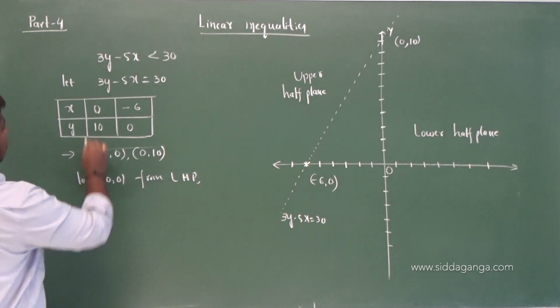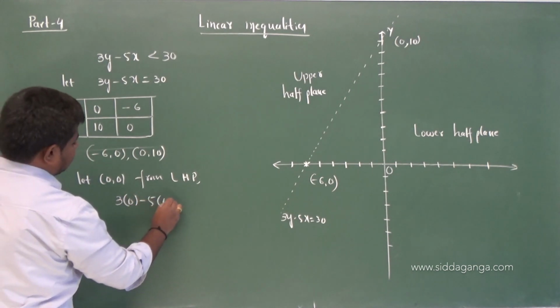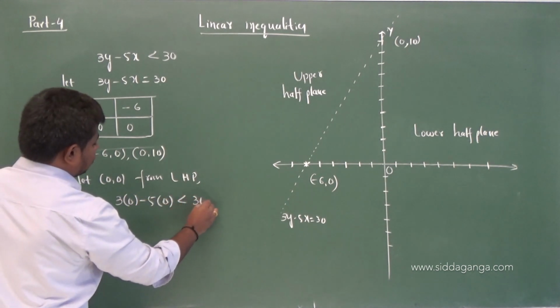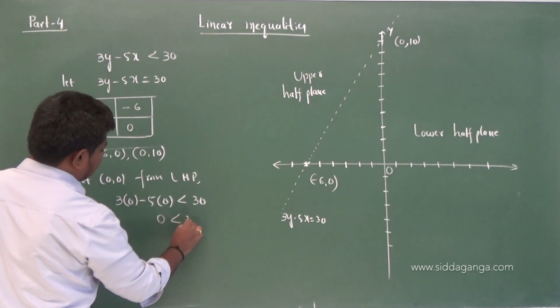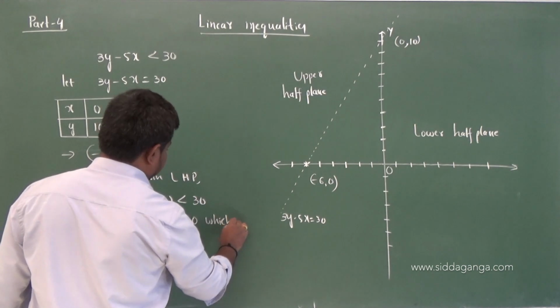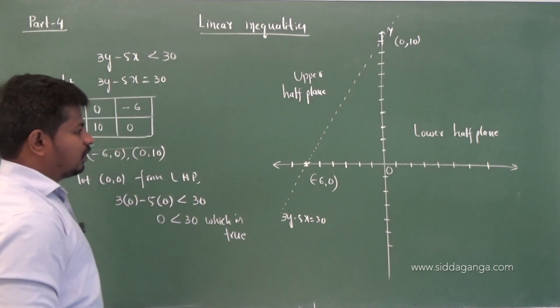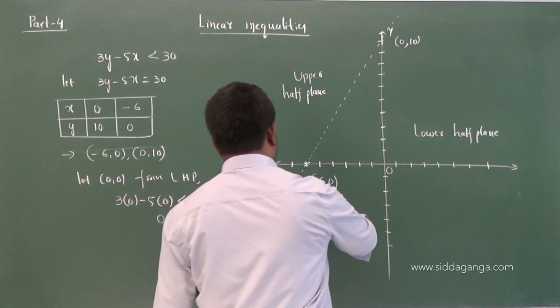Substitute in the given inequality. So, 3y is 0, which means 5x is less than 30. So, 0 is less than 30, which is absolutely true. Hence, the solution region is the lower half plane.